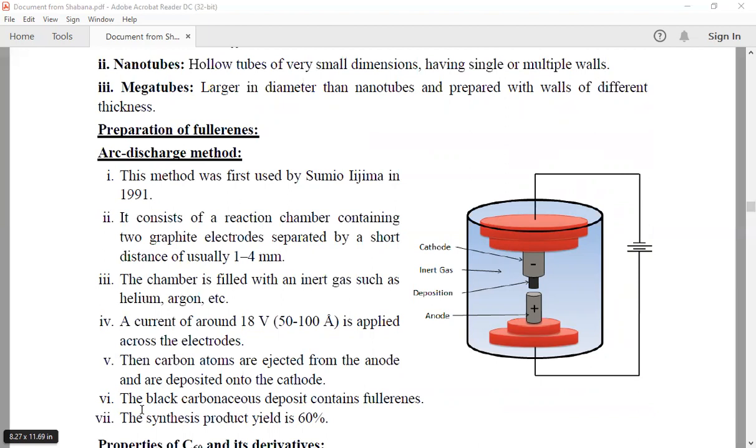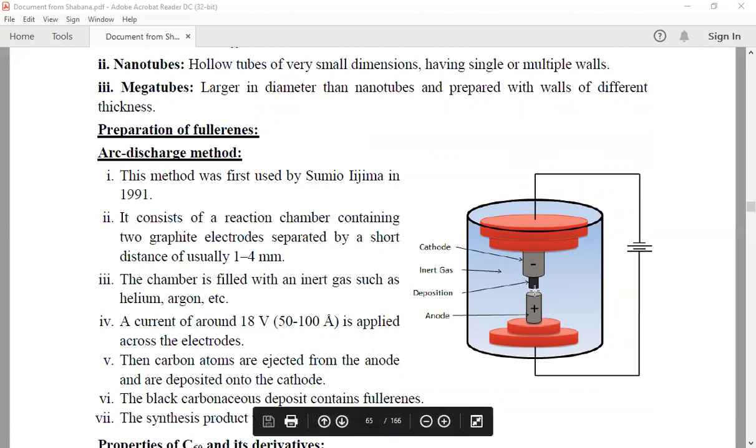The resulting plasma arc between the electrodes cools into sooty residue from which many fullerenes can be isolated. The fullerenes are extracted from the soot using a multi-step procedure.